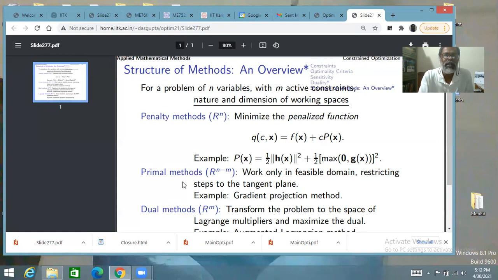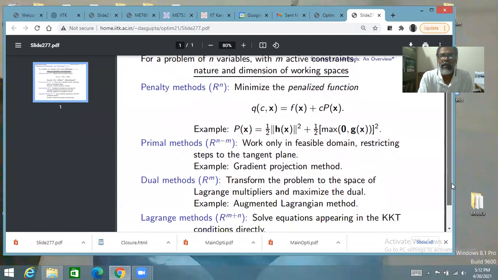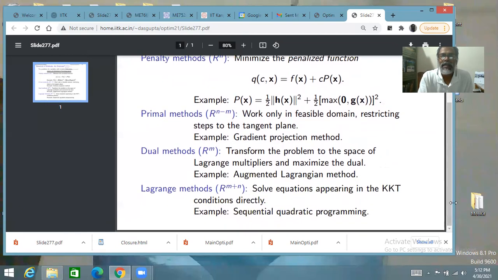The third family of methods are called dual methods. The philosophy of dual methods is that the real mystery, the real information of a constraint optimization problem is actually contained in the values of the Lagrange multipliers.